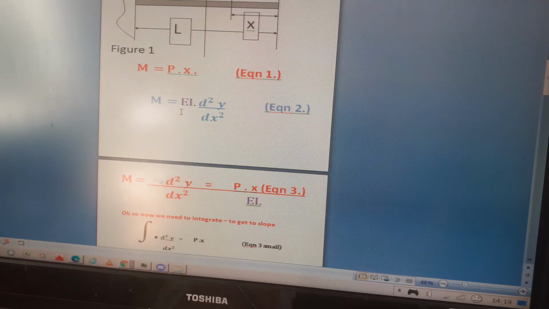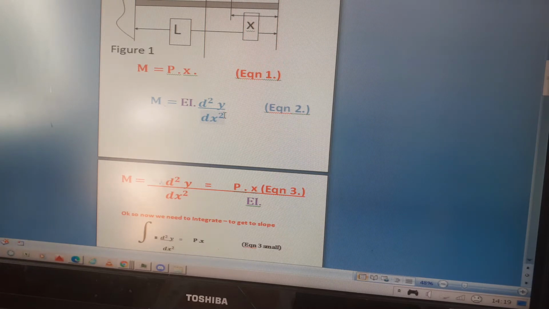Equation 2 is M equals EI d2y over dx2, which is the second differentiation of y. Remember, y is the deflection, dy over dx is the slope, and d2y over dx2 is the moment.